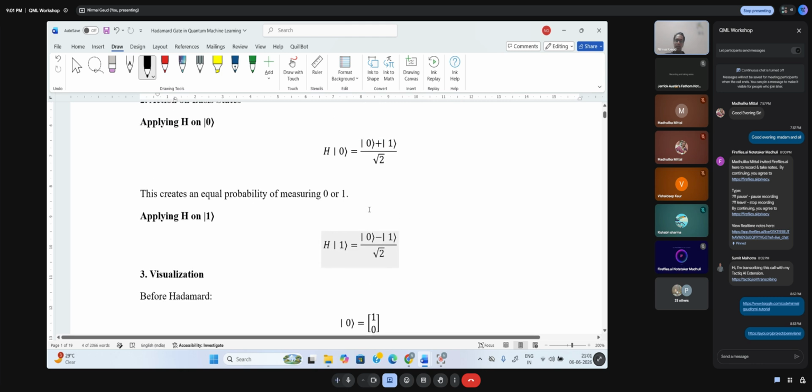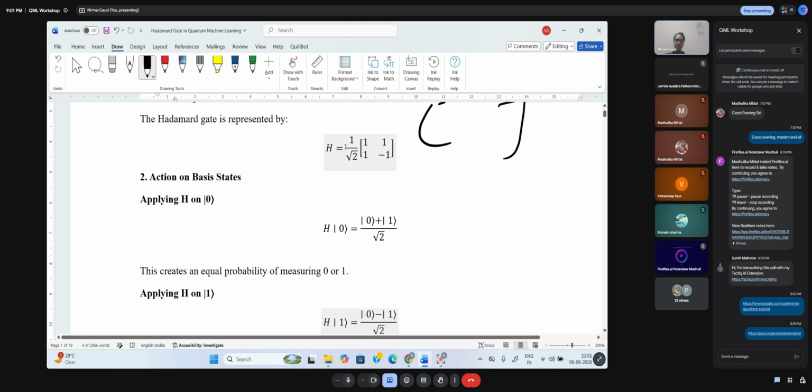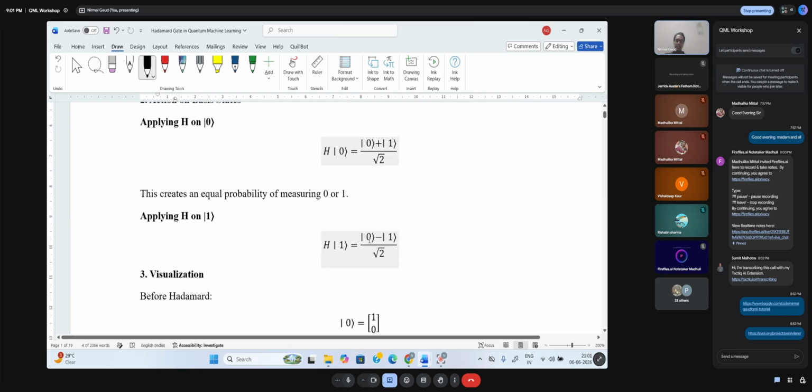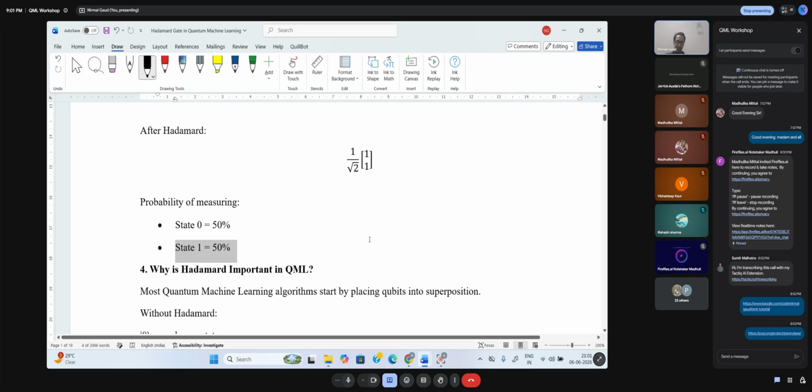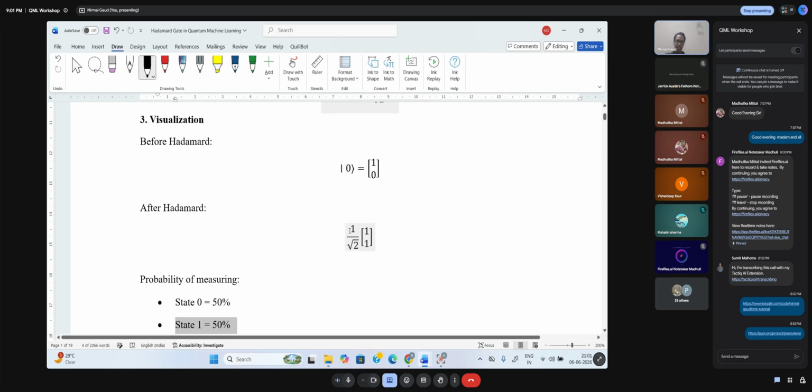So we need to apply Hadamard, put the value of 0 in the equation, and we will find the result as 1 by square root of 2, 1, 1. This is a simple explanation they have given.